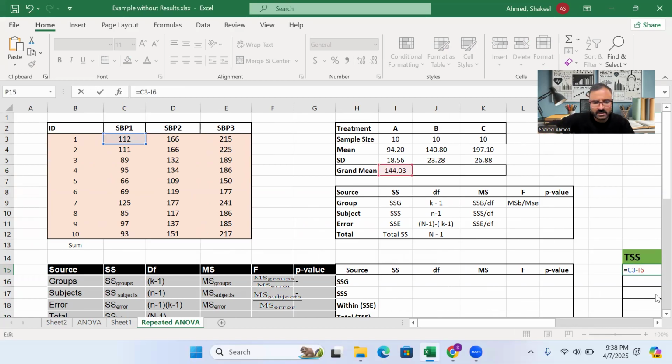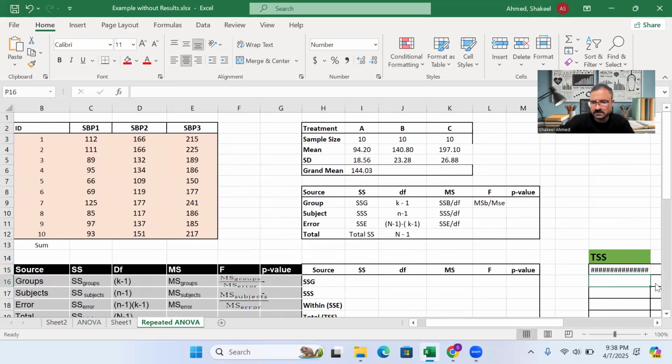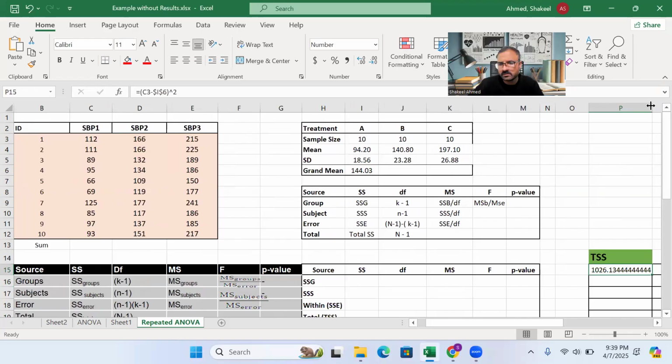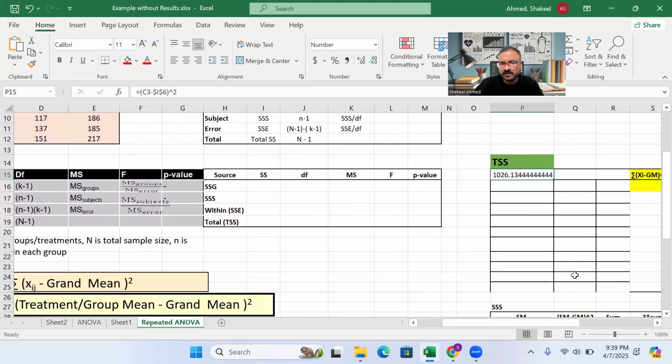To fix the grand mean, you can just put a dollar sign, and square it. This is the sum of square, and we can just drag it.